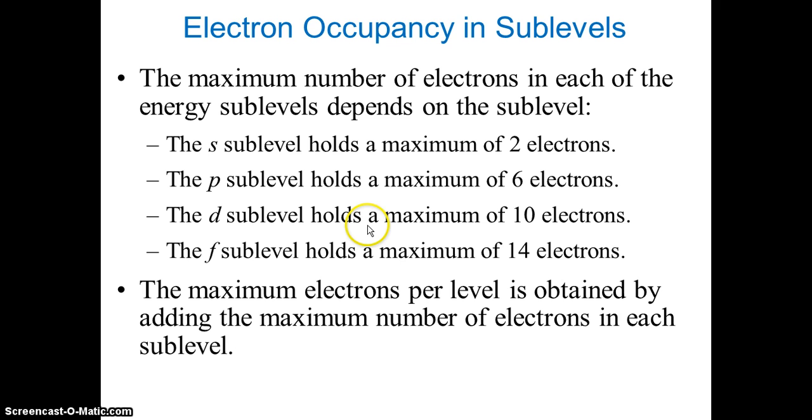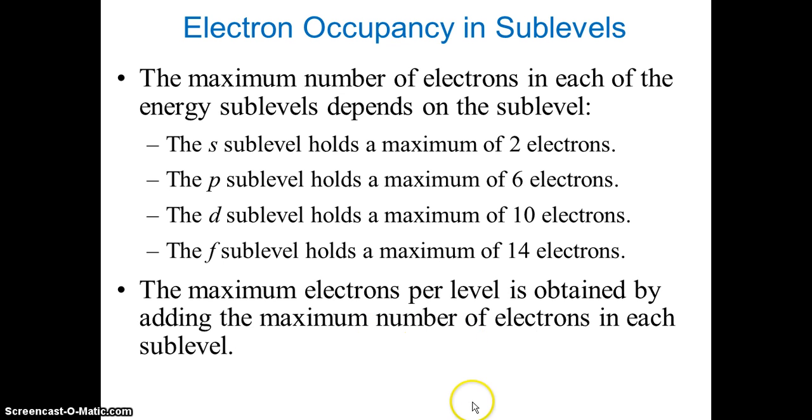The d sublevel holds a maximum of 10 electrons; d has 5 orbitals. And the f sublevel holds a maximum of 14 electrons. So the maximum electrons per level is obtained by adding the maximum number of electrons in each sublevel.